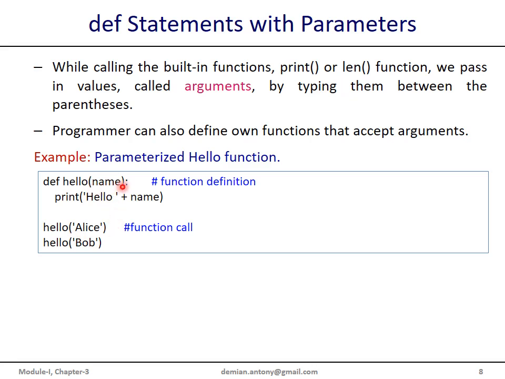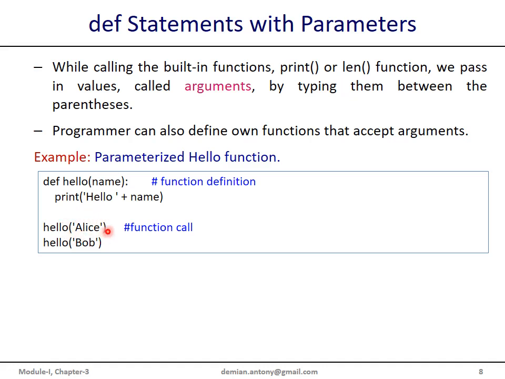This is called formal argument or formal parameter. This is called actual parameter or actual argument. As we had a single parameter in the function definition, we need to supply an actual value to the parameter. That's why we use the word actual parameter.